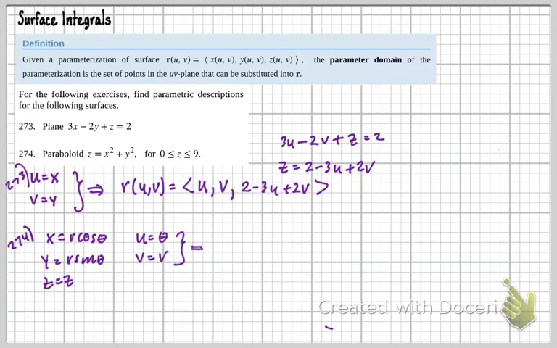And from this, if you can think of this in terms of polar, that means my x, let me write my r(u,v) first. That means my x component, which is the first one here, is going to be v cos u. And my second component is going to be v sine u. And again, it's just from direct subbing in there for those two components.